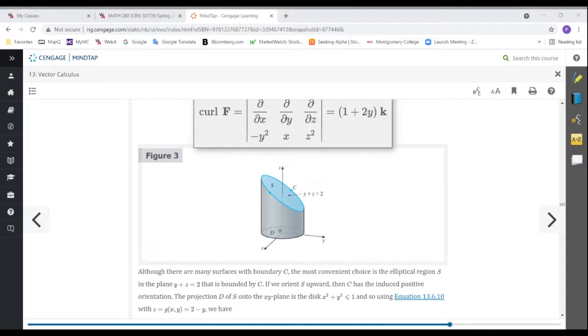Inside the curve C, there's a surface. Well, first of all, are there any questions so far on this?